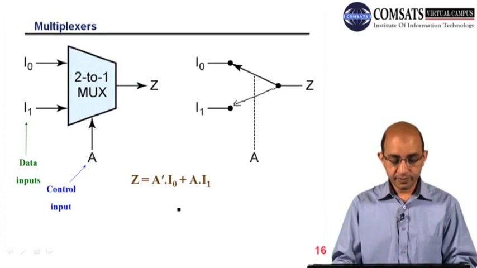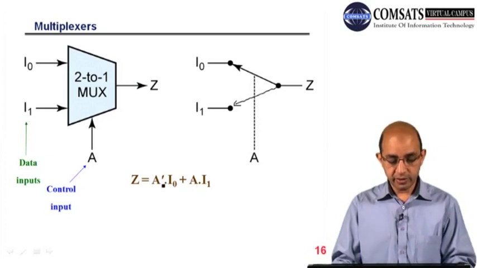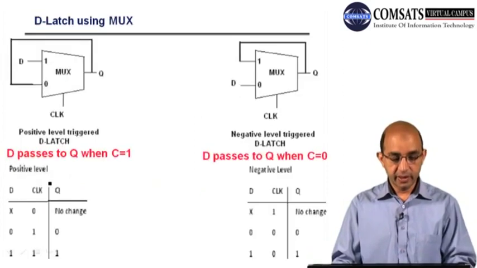So whenever A is equal to 0, I0 will be passing to the output. Whatever the I0 is, if it is 0, we have 0, and if it is 1, we will have 1. So this is the functionality. These are the data inputs.